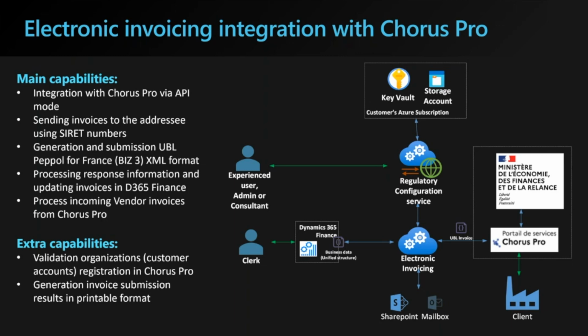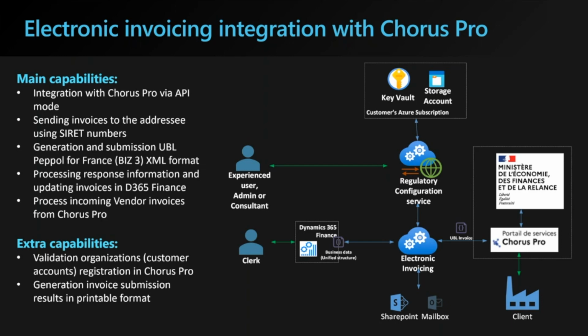There are several main capabilities that we will provide as a part of the solution. And as I mentioned, the first one is a direct integration with Chorus Pro. Chorus Pro proposes a few ways of integration. And one of the ways of integration is API mode or service mode that we have chosen, and we will do integration with it.